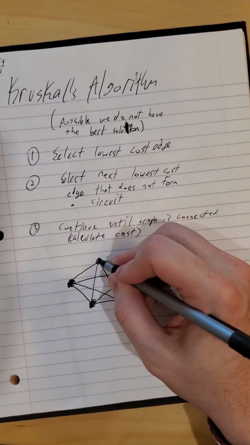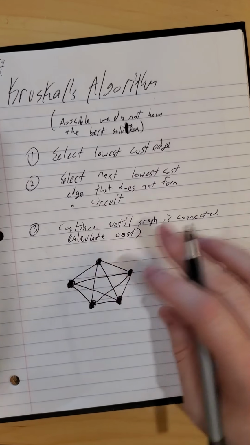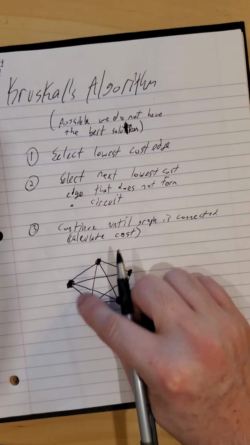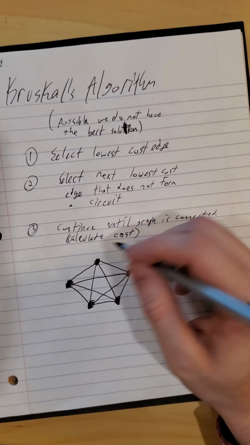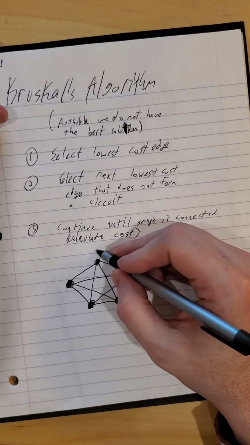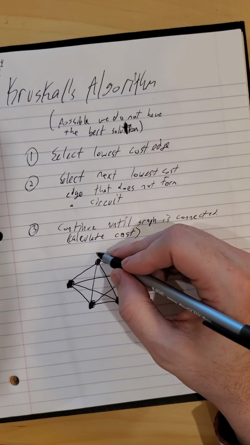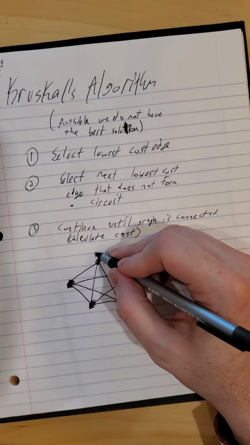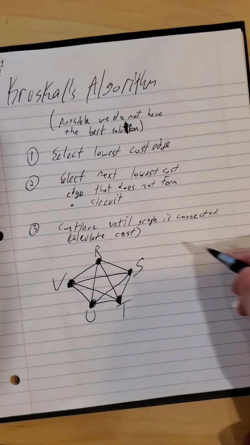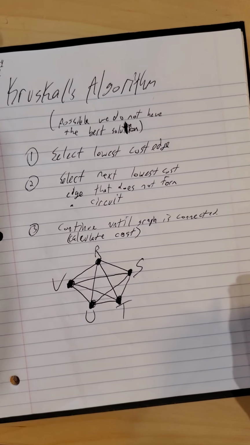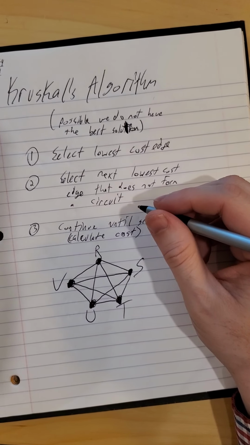I'll make my vertices a little bit fatter just so it's clear what's going where and the degrees a little easier to spot. Okay, so let's see. So we'll name these R, S, T, U, V. And our costs. Let's see.